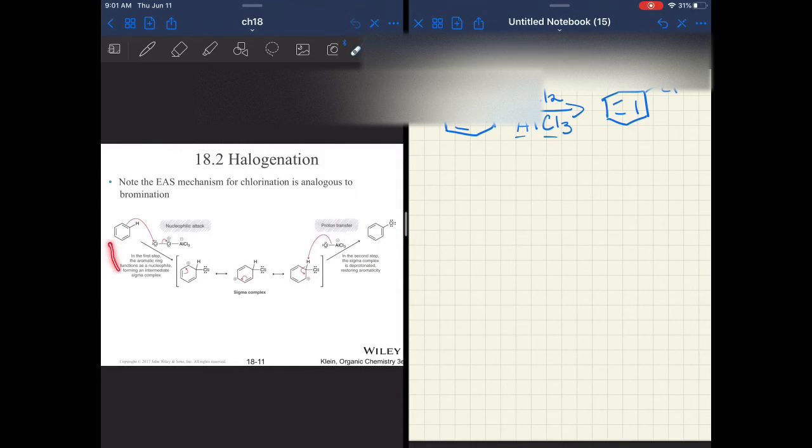And you do have the mechanism, of course, written out, at least step 2 and 3 here. What I want to point out, because you may see this depending on the books you're looking at or the questions, is whether this bond right here breaks before the nucleophilic attack, or if it happens in a concerted method once you've made your little Lewis acid complex.